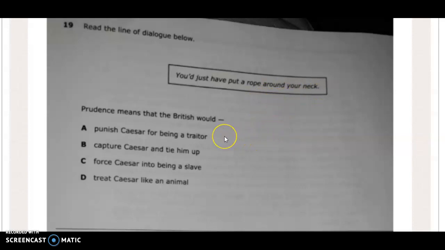Did she mean that the British would A, punish Caesar for being a traitor, B, capture Caesar and tie him up, C, force Caesar into being a slave, or D, treat Caesar like an animal? Again, I want to suggest that you go back and reread right before she made this statement to figure out what it was that made her say that to him, okay, and what she meant by it.